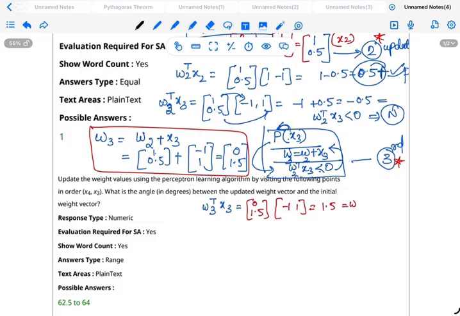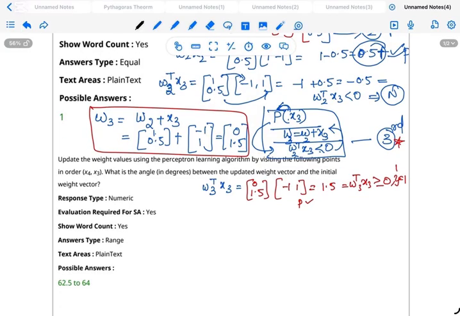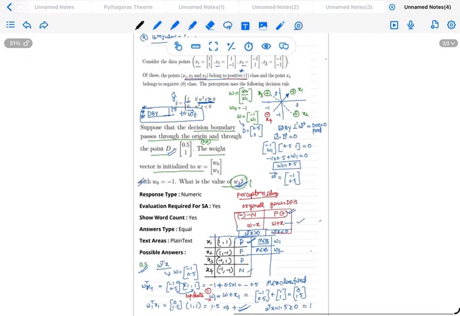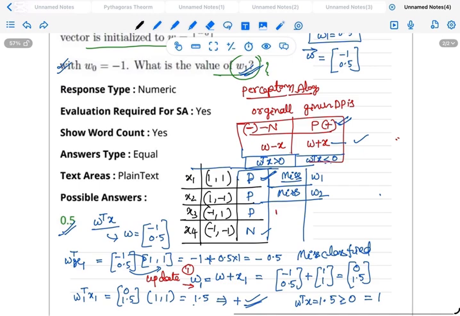That is W3 transpose X3 greater than or equal to 0, so Y hat equals 1, positively classified. After updating the weight vector, it is positively classified. Before it was misclassified.